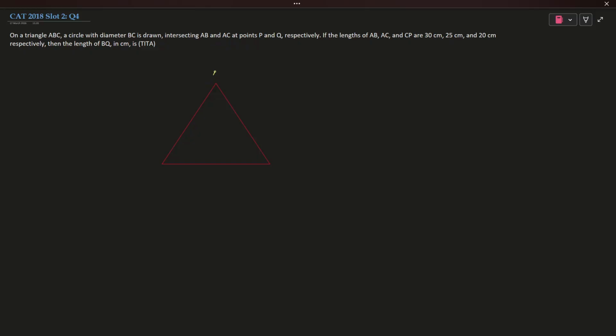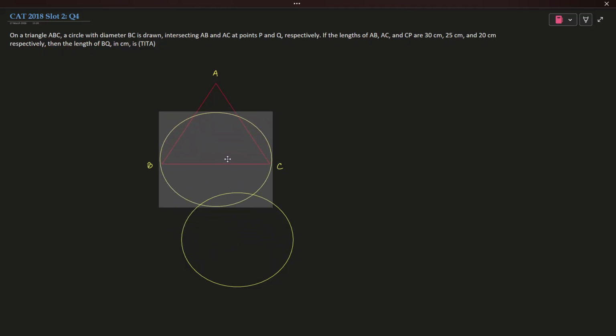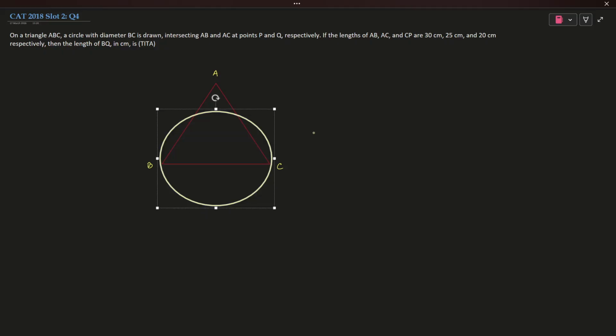Let's say this is A. Okay, A, B, C. With BC a circle is drawn. So BC is the diameter, so let me draw a circle taking BC as its diameter. Alright, BC is the diameter.